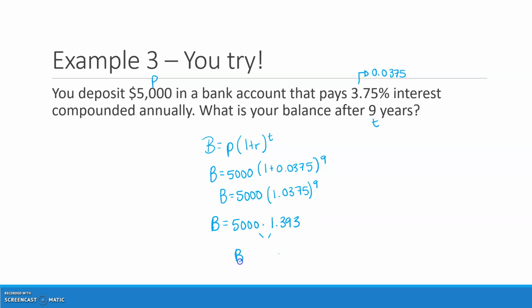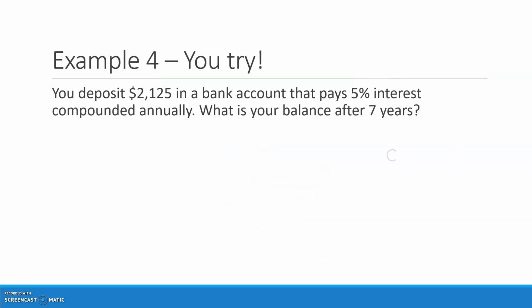Multiplying these two together, I'm going to get 6,964.07. And I'm going to round it to 2 decimals again. I think we talked about that yesterday a little bit. Whenever we're dealing with money, we want to round to 2 decimal places. All right, here's another one that you can try in your notes. So pause the video, come back, and we'll check our work.